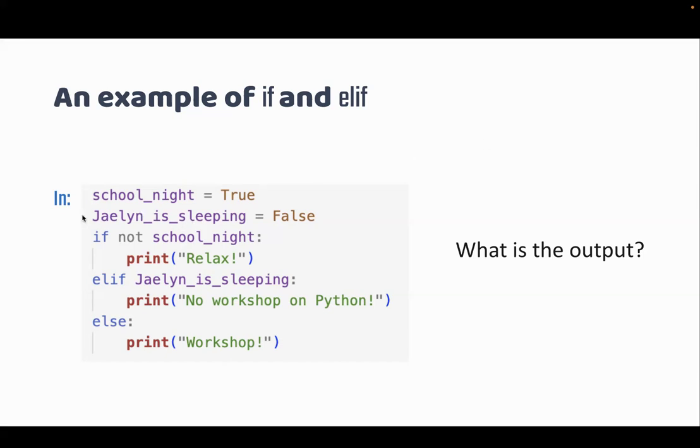So we are going to this if statement and checking if this whole statement is true or false. So we're setting school_night equal to True, and not is the Boolean operator to negate school_night. And so this statement is false right now, and it will not go to the block of code over here. And after that, we will check the elif. And Jalen_sleeping is obviously False. It's not going to this print statement, and it will finally go to the else statement and print out workshops.